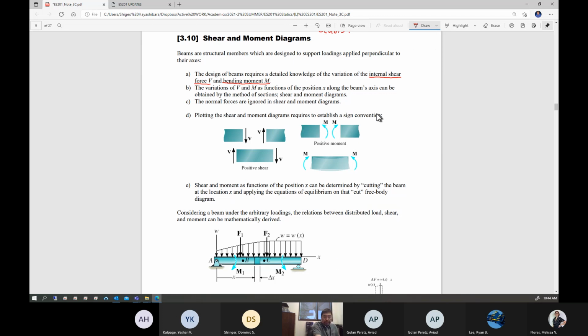So you have to basically take a look inside by introducing a virtual cut at any arbitrary location X. Okay, so we are going to actually plot the distribution of internal shear and moment. This is called internal shear and moment diagrams.